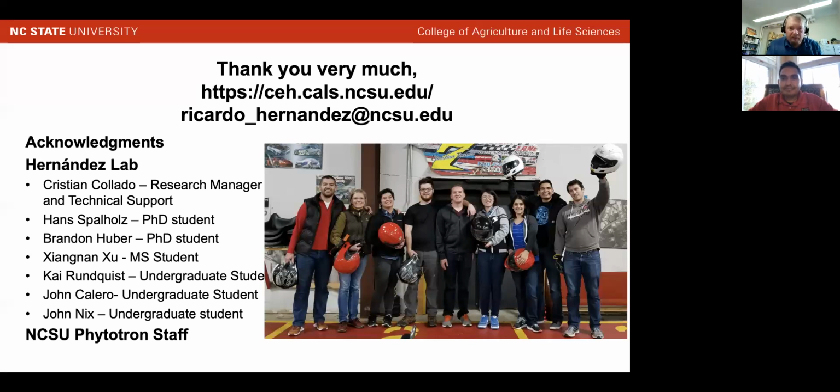Okay, good. Then Evan writes, really exciting results. Can you quantify the uniformity or decrease in loss in the tomato transplants with the far red treatment? Yes, we did that, and I was shy of putting those results in the presentation because of lack of time. The addition of far red increased the uniformity. If the far red was provided for the entire growth cycle, it had a greater uniformity than those at the beginning or at the end.